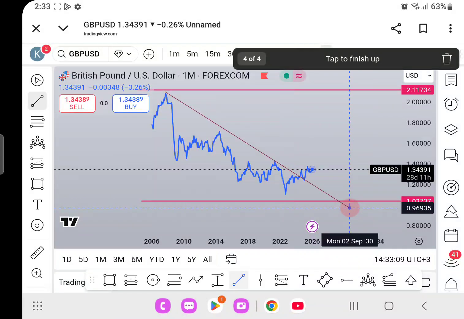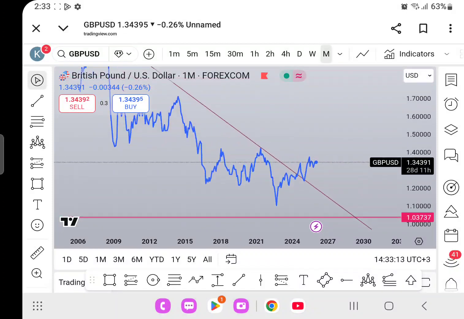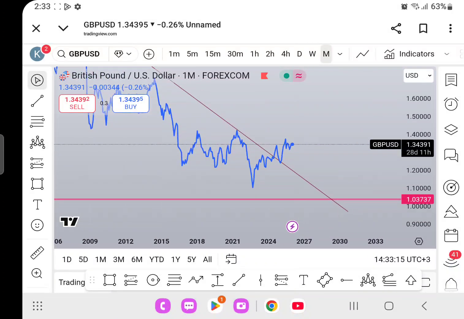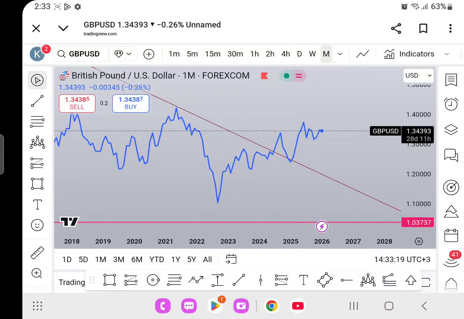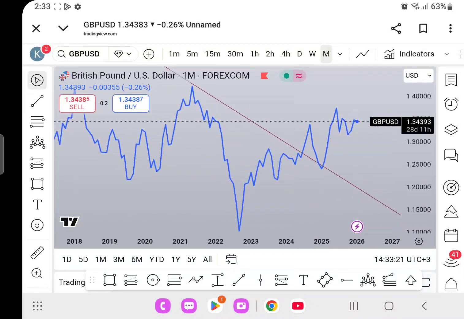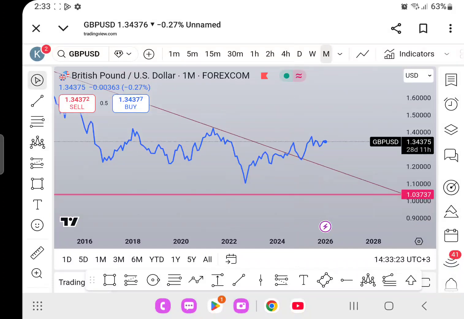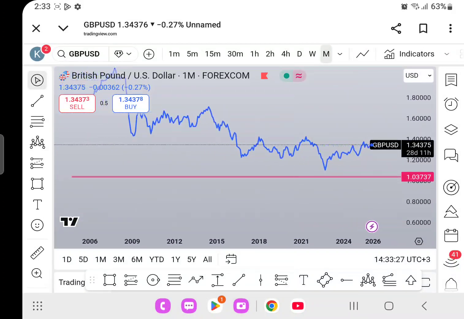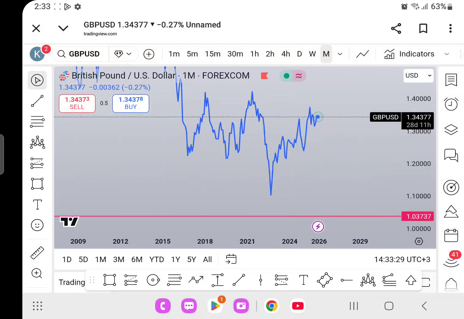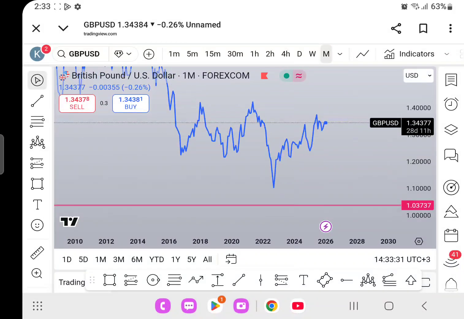As you see, the market is trending down. The market somehow reversed here, but I don't usually follow the trend line. This is our trend. We are mainly selling.